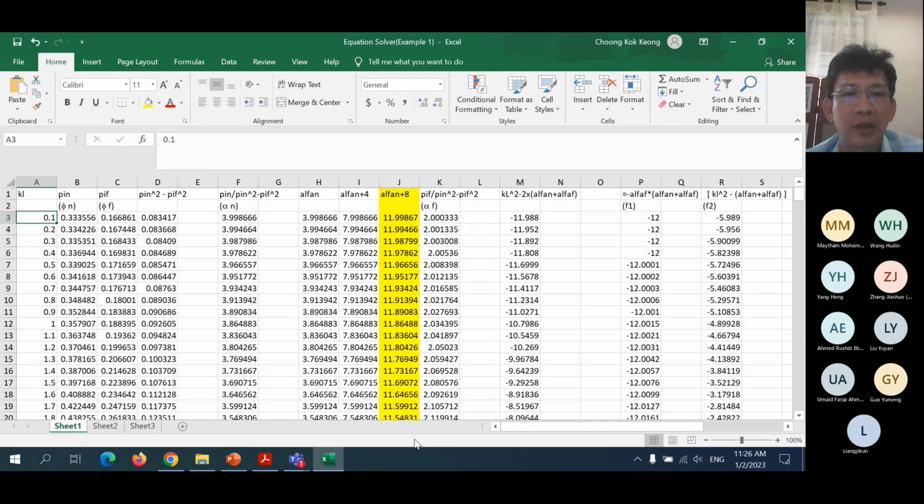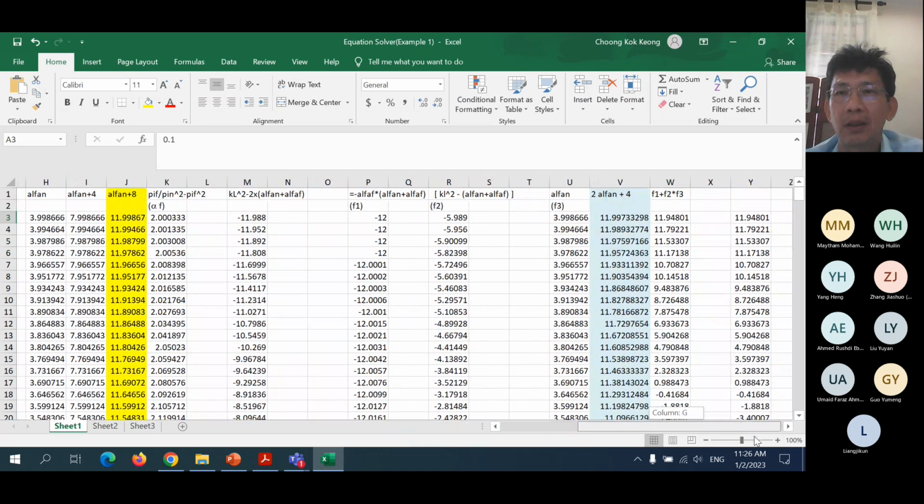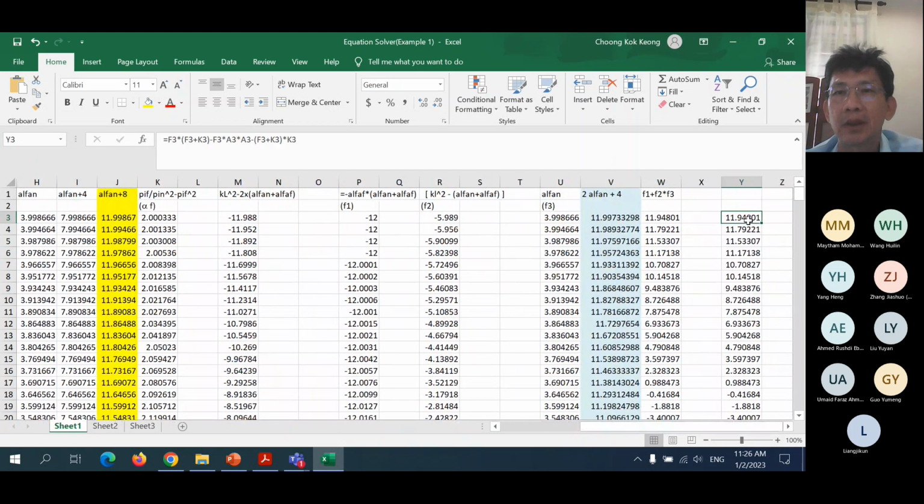Then in order to solve the equation just now, I have a column here, which is here. Okay, so this one is actually the equation that I want to solve just now.